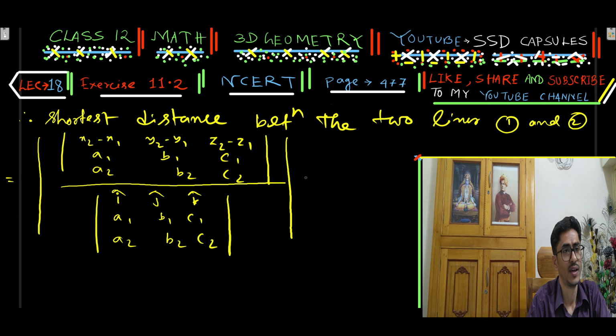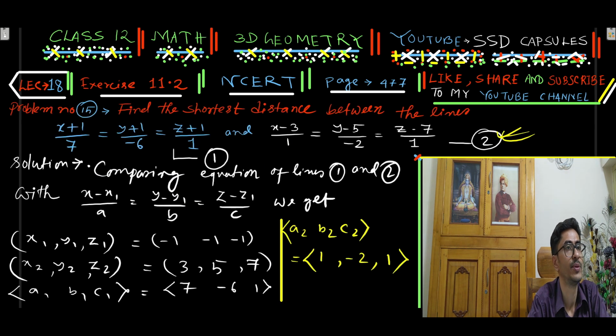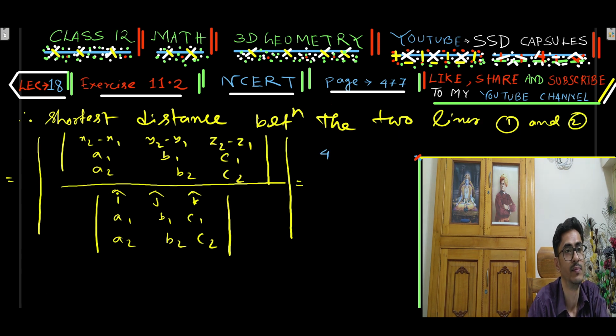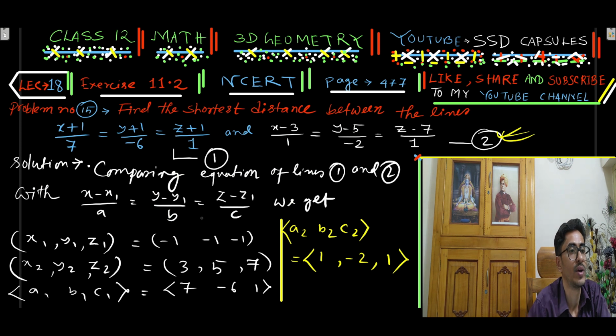So here, what is x2 minus x1? See the previous page. x2 is 3, x1 is minus 1. So 3 minus minus 1 equals 4, very simple. y2 minus y1, take the determinant sign: 5 minus minus 1 is 6.